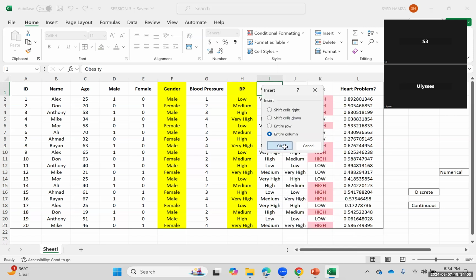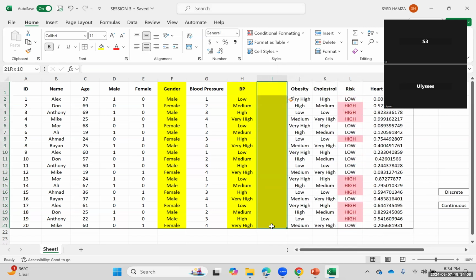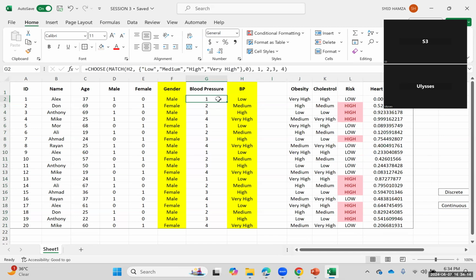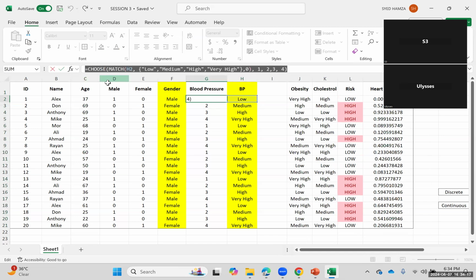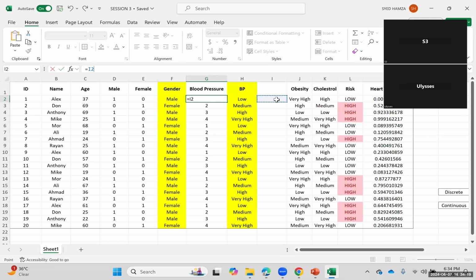So it's easy. Now, if you're going to do the same thing with obesity and cholesterol, we can practice it a little more. So all we need is just get the formula and paste it here.